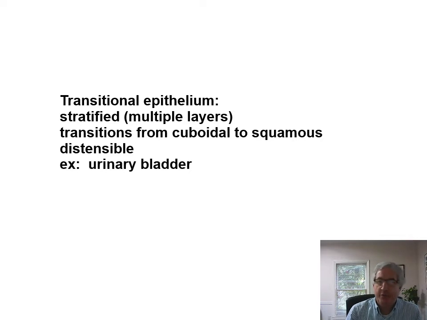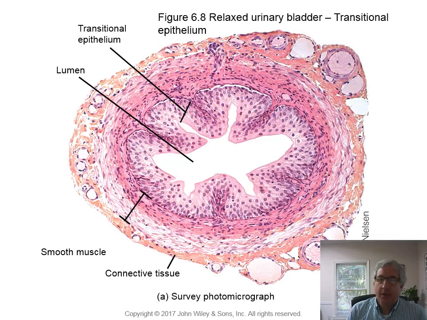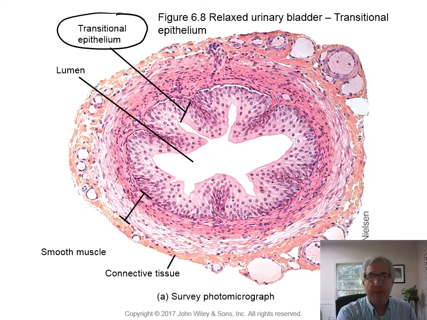Transitional epithelium, here's what we're going to look at and see what it looks like. It transitions from cuboidal to squamous and back. It's distensible, so the urinary bladder is one of the best examples of this. So it's stratified, multiple layers, but it's transitional because it transitions from one cell shape to another. Here's a section through a relaxed urinary bladder, and this is transitional epithelium, showing you the lumen.